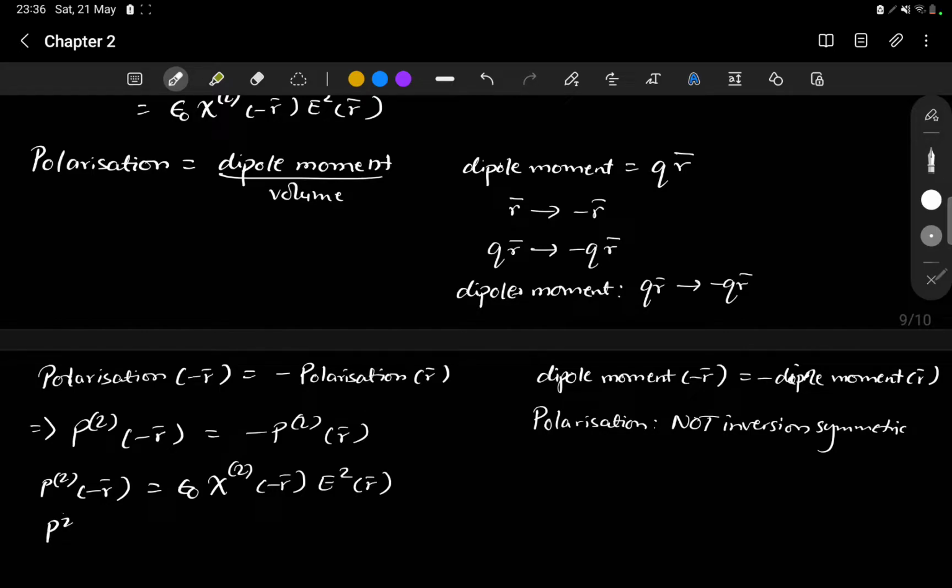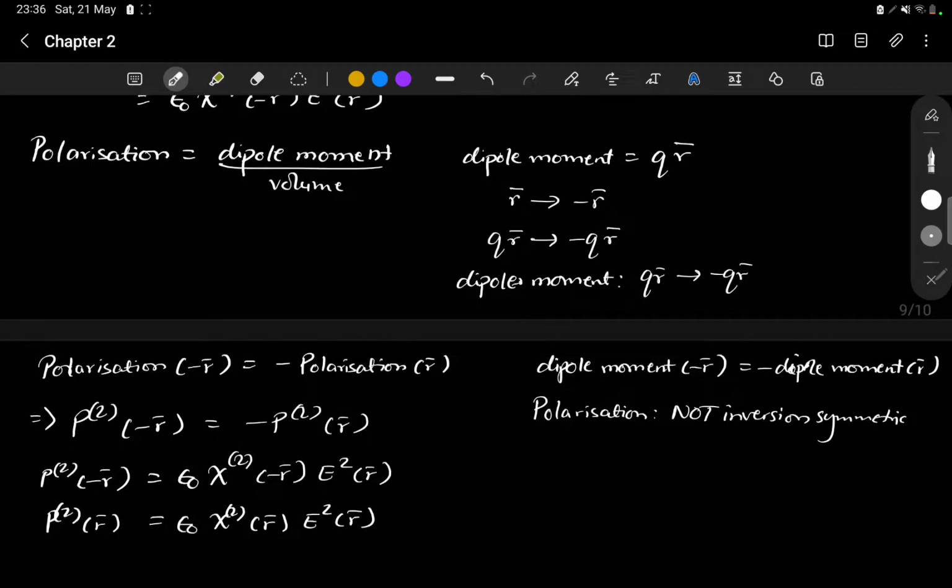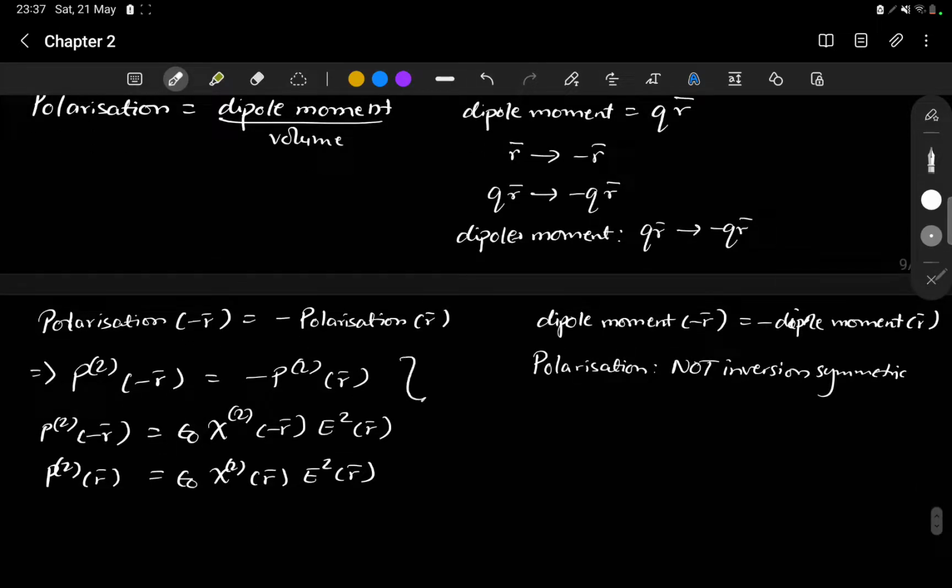And P2 at R is the following. Now, since we know that P2 at minus R is negative of P2 at R, from these three equations, we get the following.